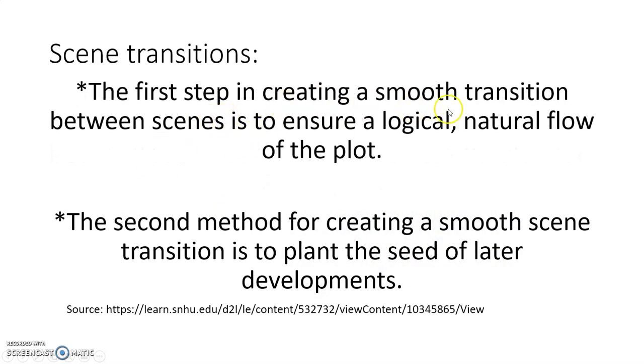So it does create a natural flow for the plot, because the plot was Geoffrey brings the diamond to the abbey, and then the next scene is that the abbot is aware of it, and then he's going to come out and see what's going on. And it plants a little seed, because what ends up happening, spoiler alert, is that the abbot, who's not a good person, ends up killing Geoffrey and stealing the diamond for his own use.